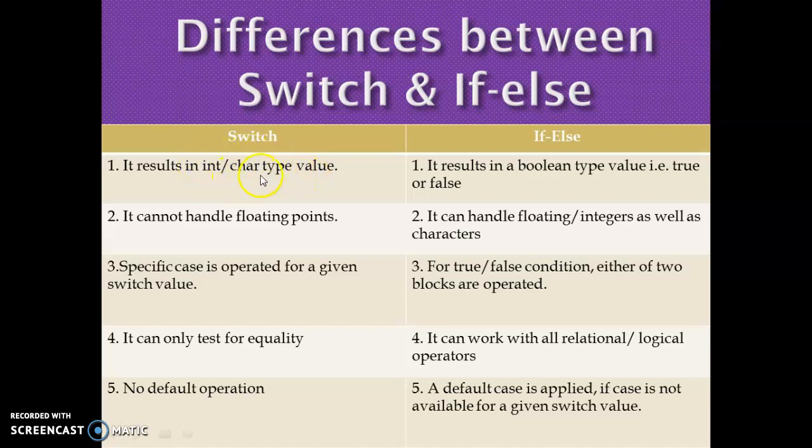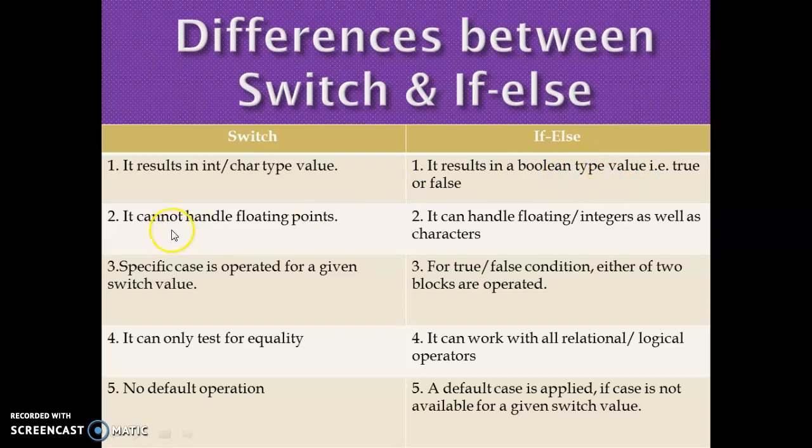In the starting of my video, I already explained with an example that in switch, inside the bracket you can take any integer or character type variable only, not float, string or double type variable. And if-else results in a boolean type, because when you write if and give any condition, it returns true or false.